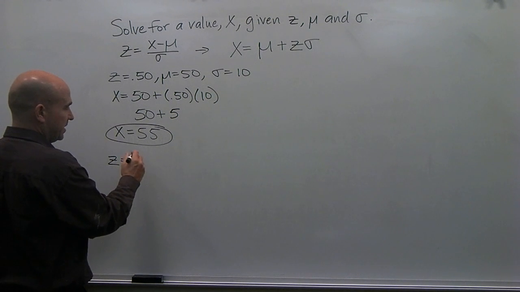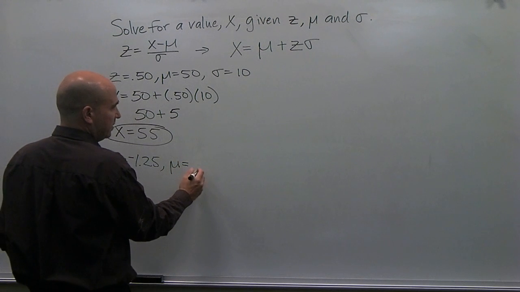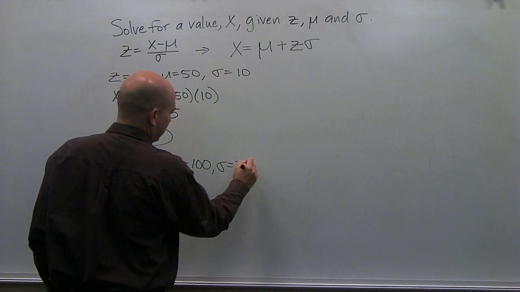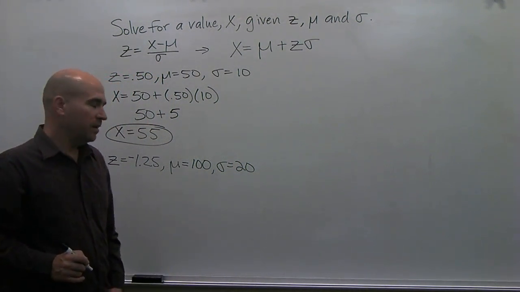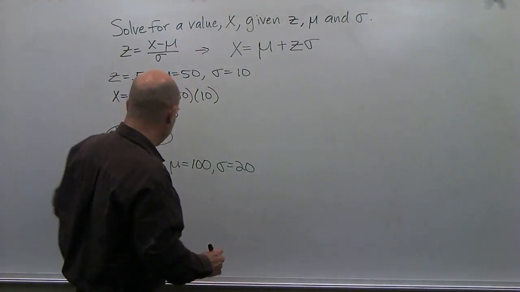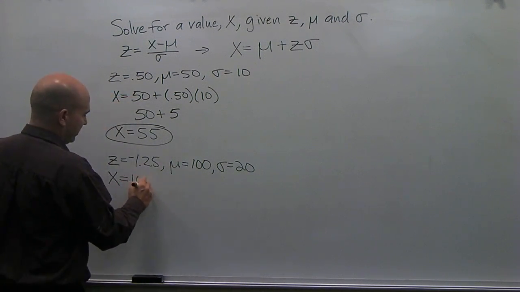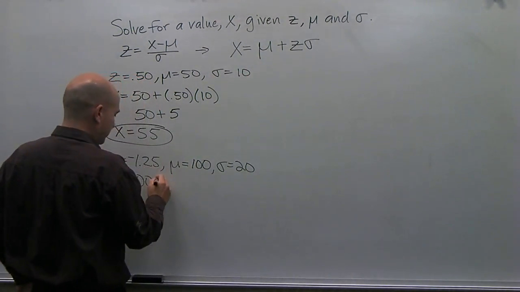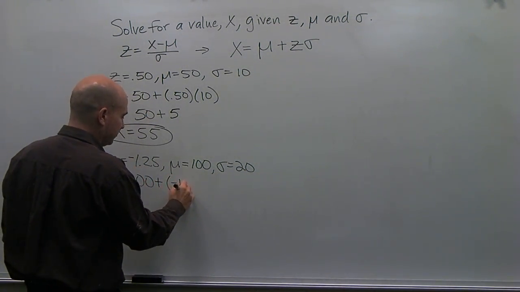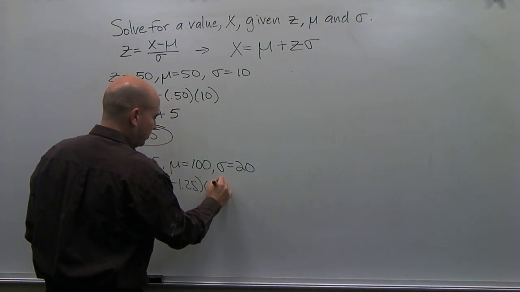Here we have a negative z, a z of negative 1.25, a mean of 100, and a standard deviation of 20. Using our formula again, x equals mu plus z times sigma, we have a mu of 100 plus a z of negative 1.25 times a sigma of 20.